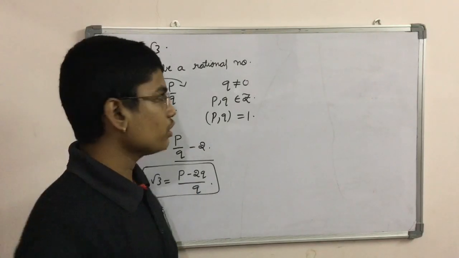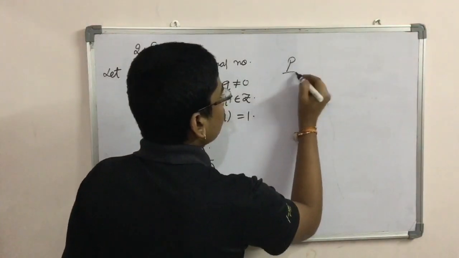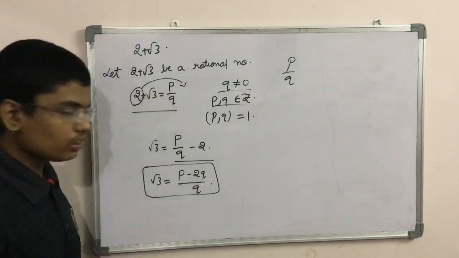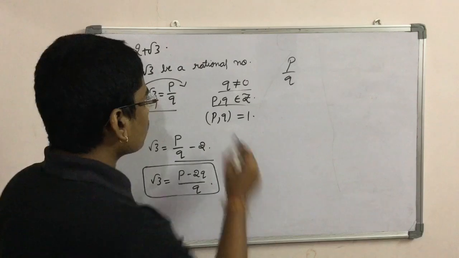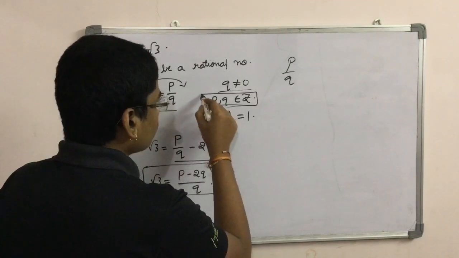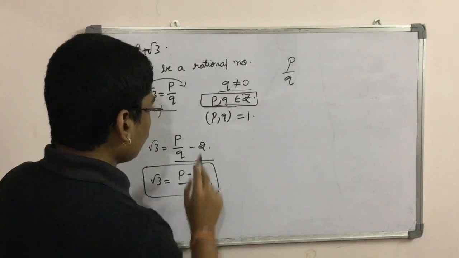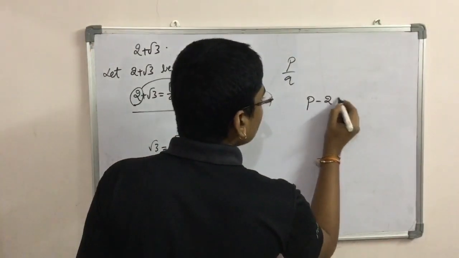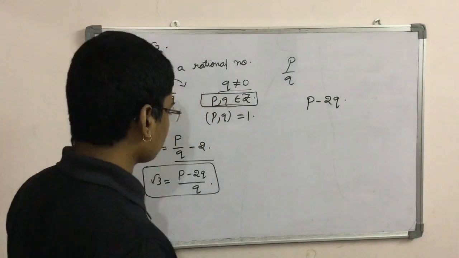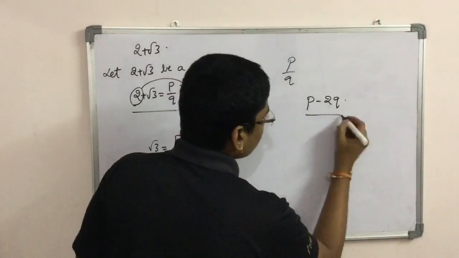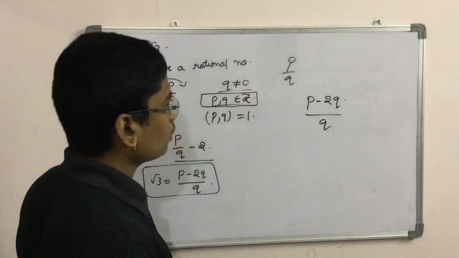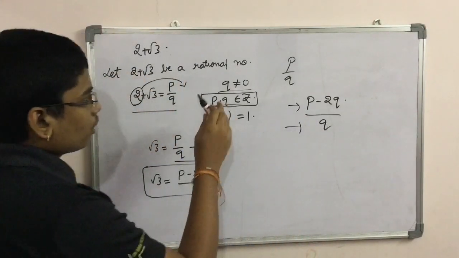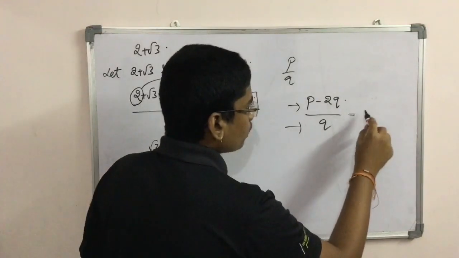Whenever a number is in the form of p by q and satisfying these two conditions, then it is rational, right? So according to our condition, both p and q are integers, so p minus 2q will also be an integer, and q will also be an integer.